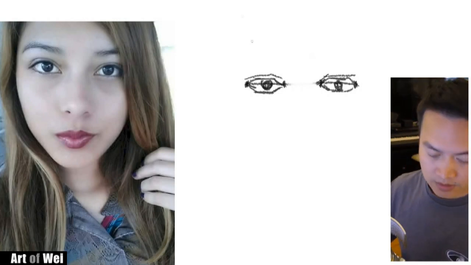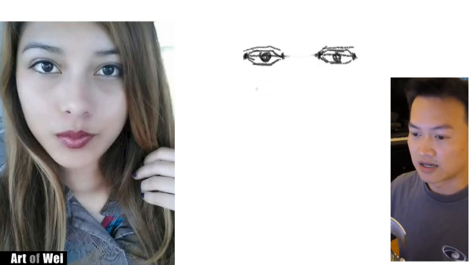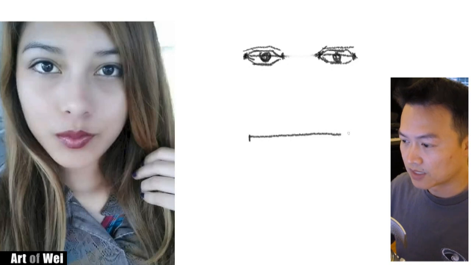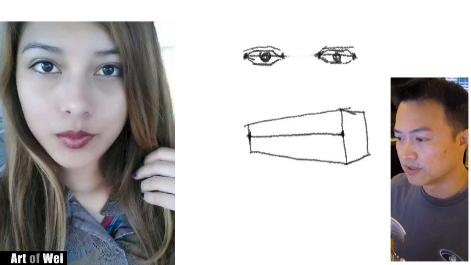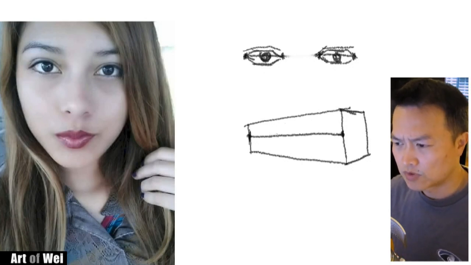Now, what if it is at a slant, like a 3/4 view, right? It's the same concept. Let's say 3/4 view, and the corners of the eyes are right here. Just treat it as if it's in a box, because in the 3/4 view there will be some perspective, right? So when you divide it in thirds, you have to give a little bit of perspective in there. And it's a little bit trickier, obviously.